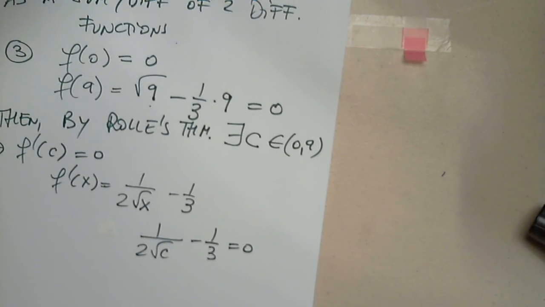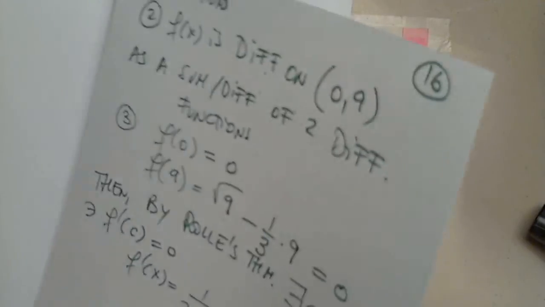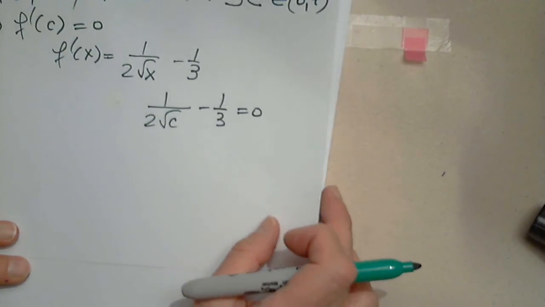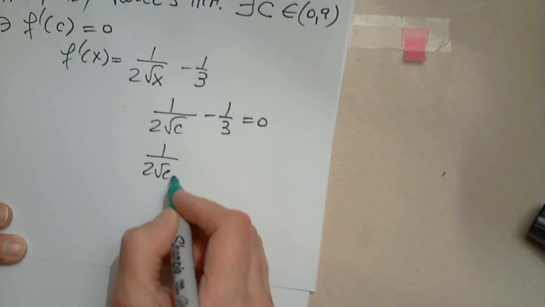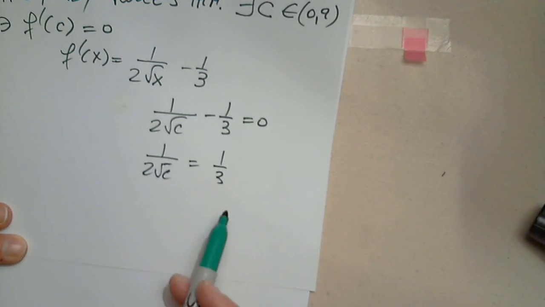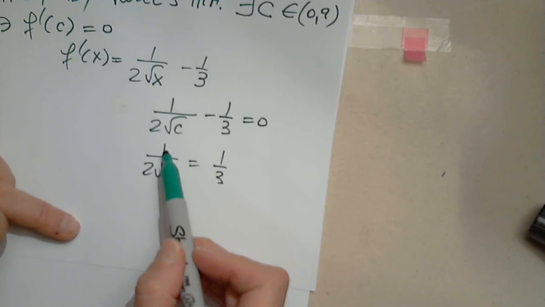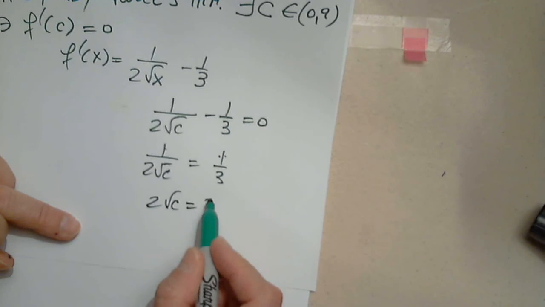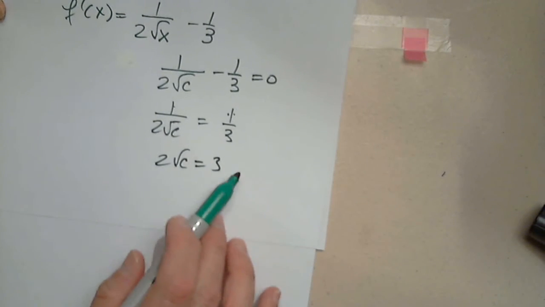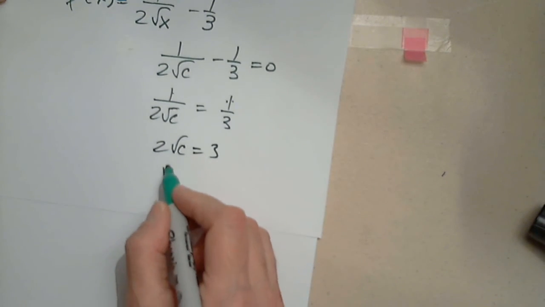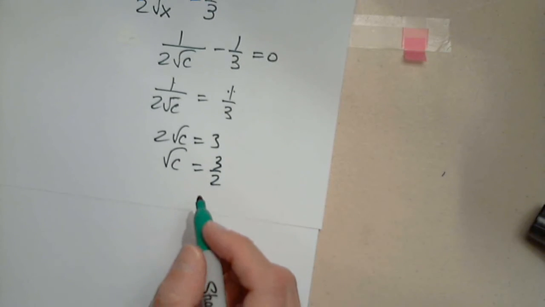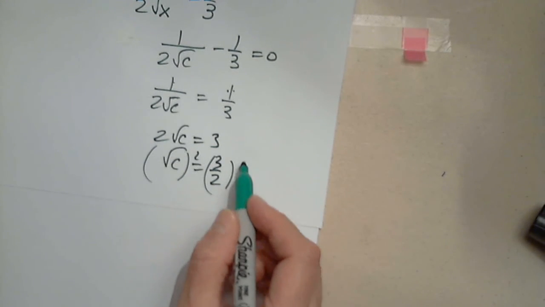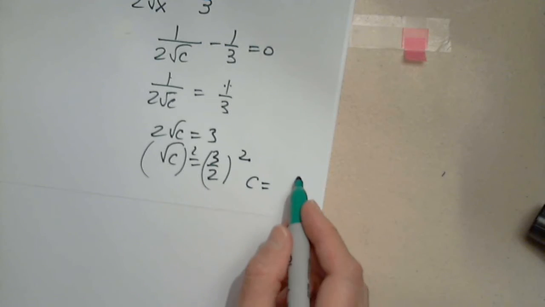What I would like to do is write 1 over 2 the square root of c equals 1/3, and then cross multiply. There is no need. If the two fractions are equal and they have the same numerators, the denominators have to be the same. Or just cross multiply, it is the same thing. So then the square root of c is 3/2. We square both sides to get 9 over 4.